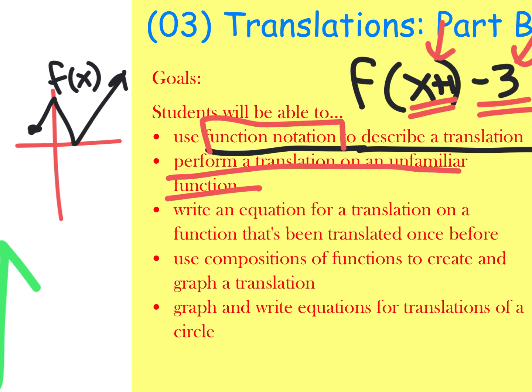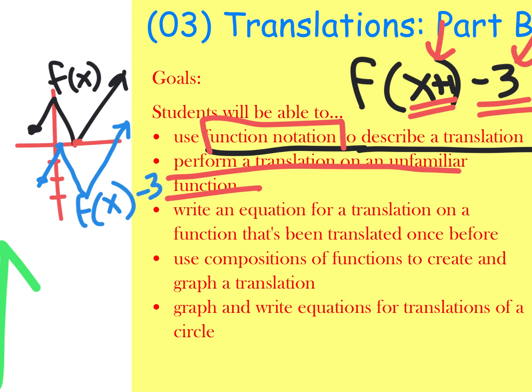Would you get that this spot, for example, just needs to move down 3, and so do all the other spots? And so now I've moved that function down 3. And this would be f of x, except it's been moved down 3, right?